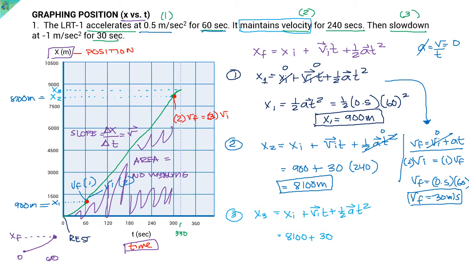Gaano katagal nangyari yon? According to situation 3, that's about 30 seconds. So I'm going to write here 30.